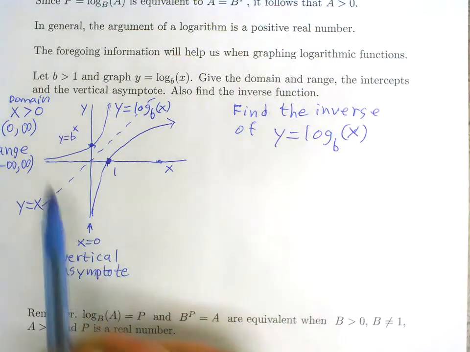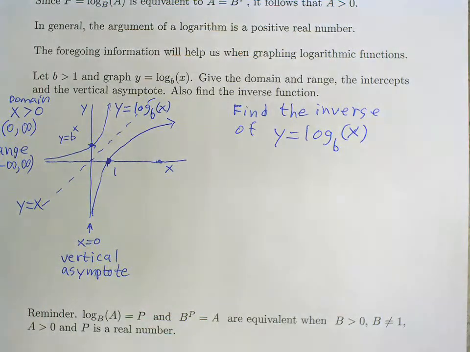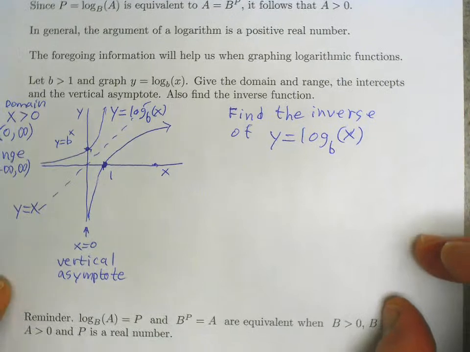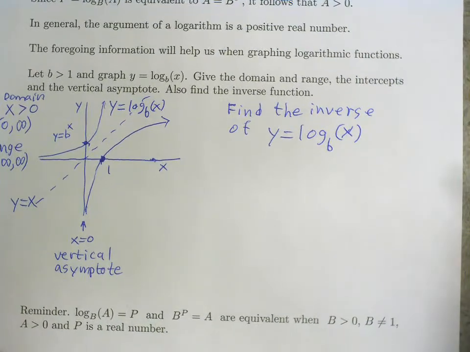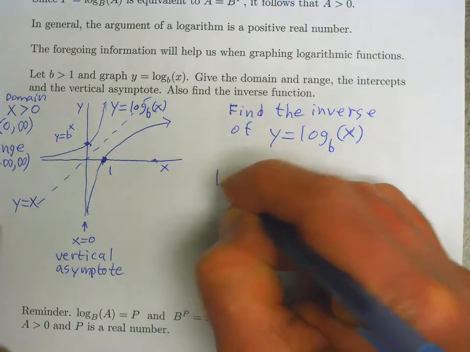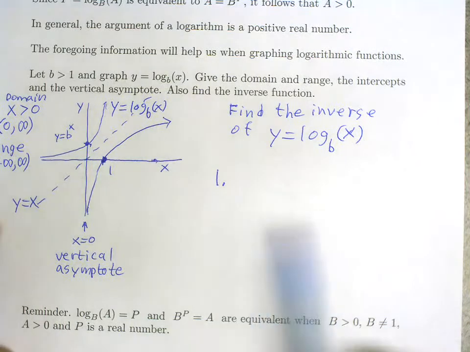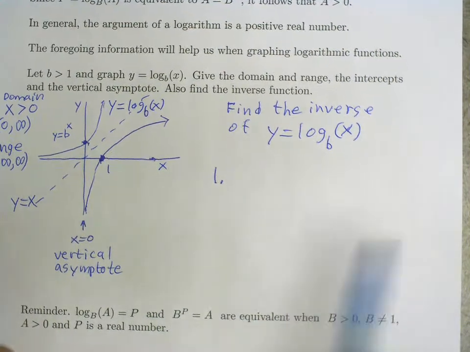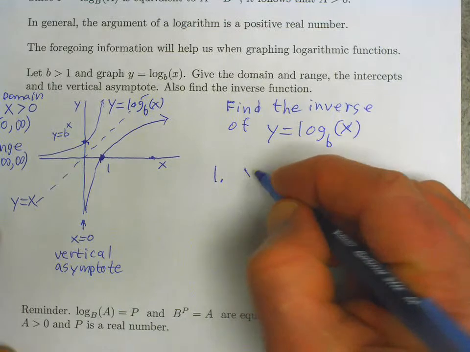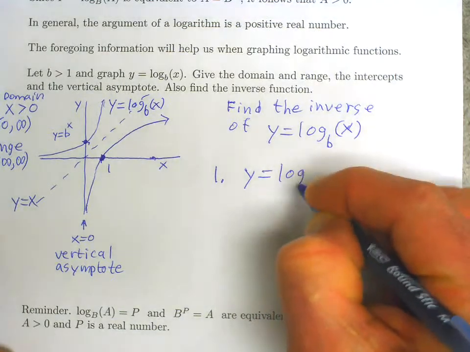Well, I already wrote down what the inverse is, but what's the step-by-step procedure? This step-by-step procedure is what you do for all one-to-one functions when you want to find its inverse. Step 1, so this will help you review for today's quiz. Step 1, write y equals log base b of x.